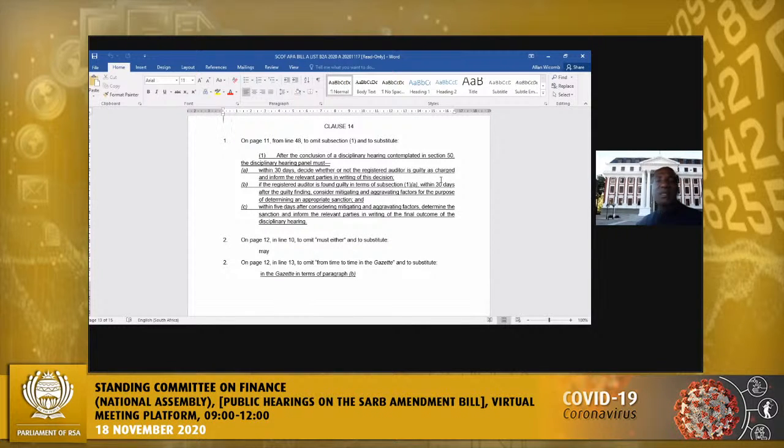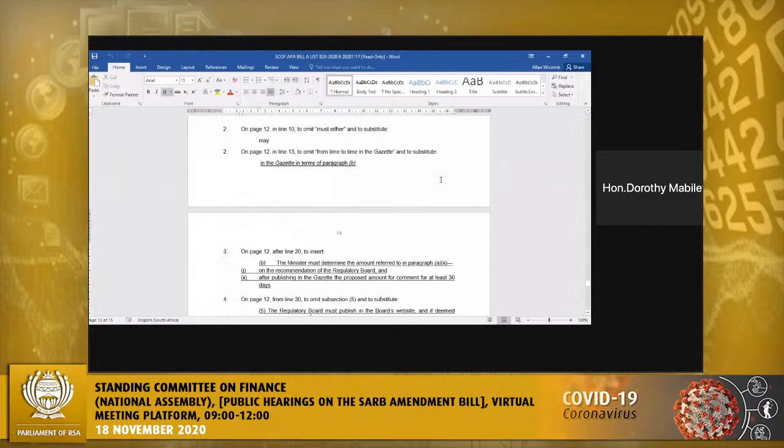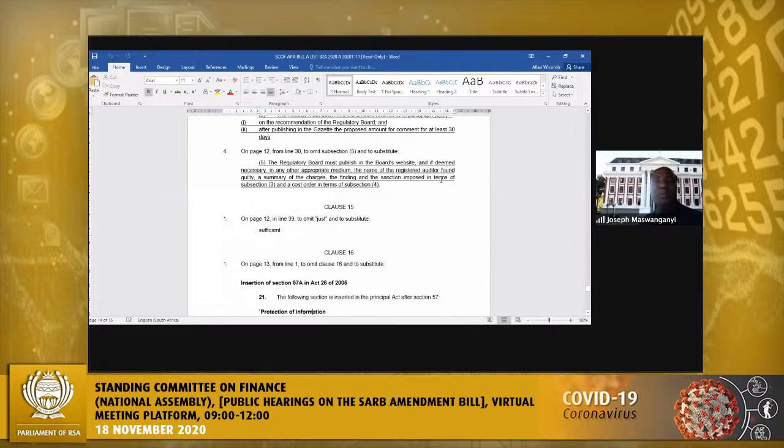Agreed. The next clause, clause 15, page 12, line 39, to omit just and to substitute sufficient. Agreed. Clause 16, insertion of section 57A in Act 26 of 2005. Agreed. The next clause.